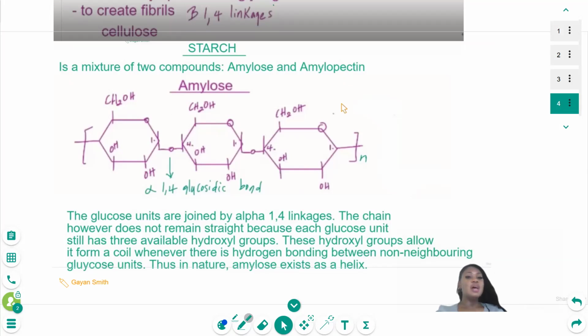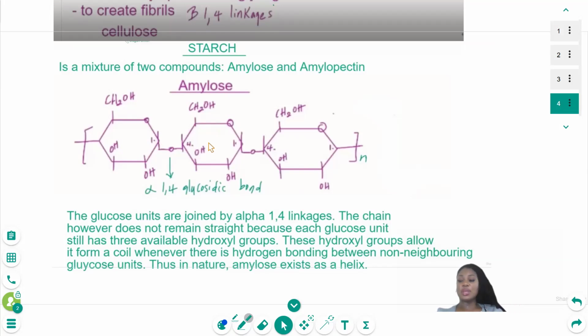All right. So the first component in starch is amylose, and amylose is made up of alpha glucose units, where you can see here that the number 1 carbon of the glucose is bonded to the number 4 carbon of the glucose molecule in front of it. So what we are seeing is a linkage between carbon number 1 and carbon number 4.